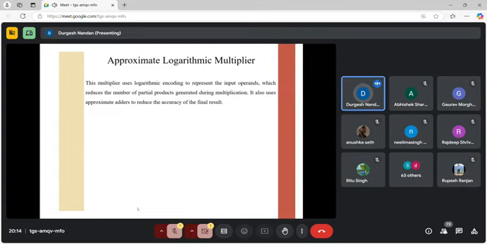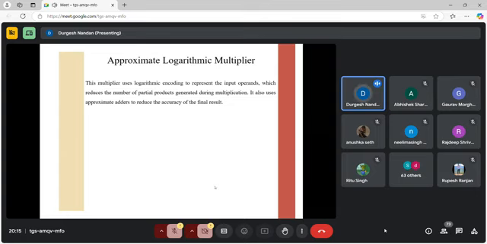Basically, if we want to multiply two numbers, we do not directly multiply them. At first we convert the numbers to binary and take the log of those binary numbers, then we add the two logs and take the anti-log of that. That way it comes to an output which is approximate, not exact.